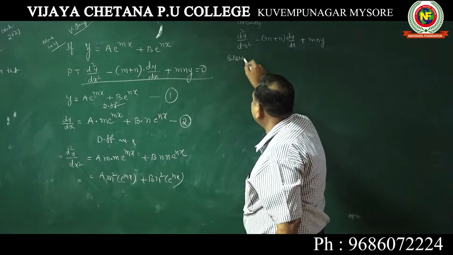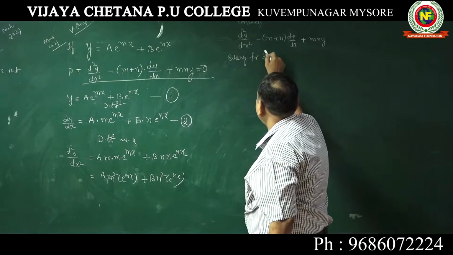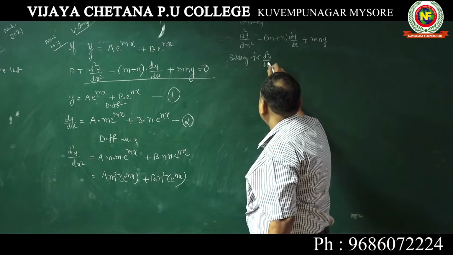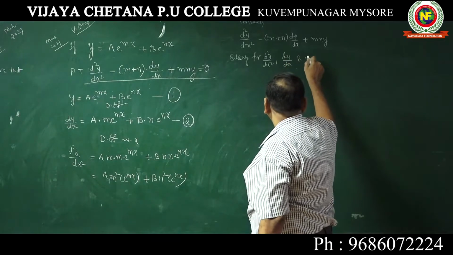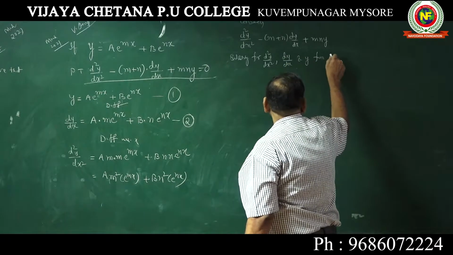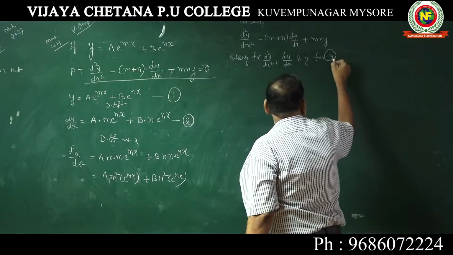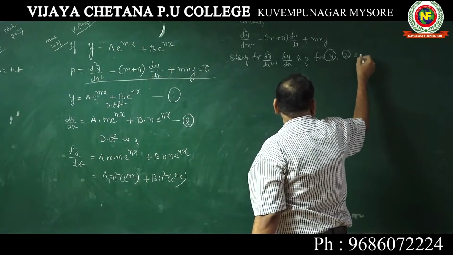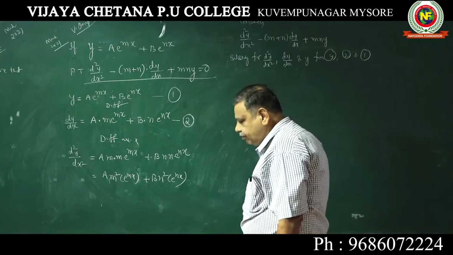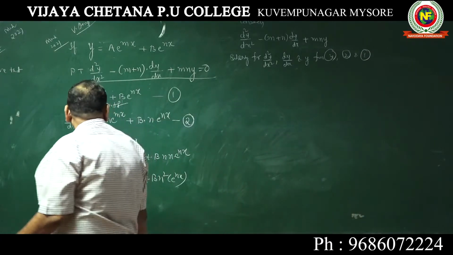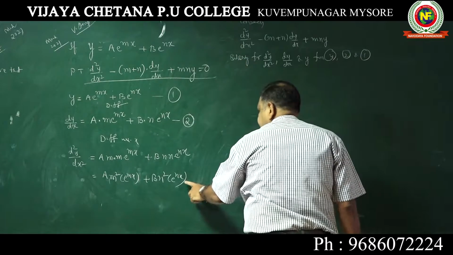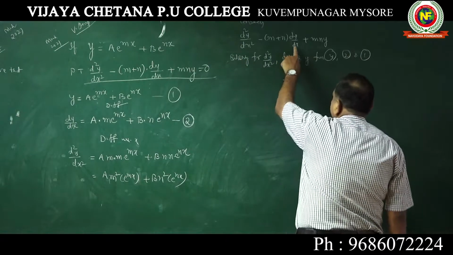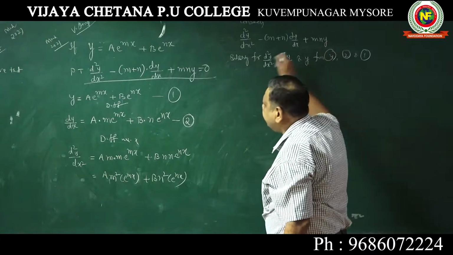Now substituting for d square y over dx square, dy by dx and y from 3, 2 and 1. You can straight away substitute: d square y over dx square from 3, dy by dx from 2, and y from 1.